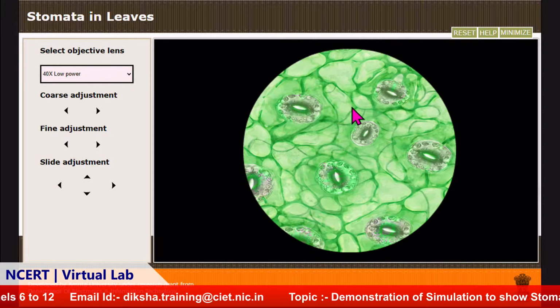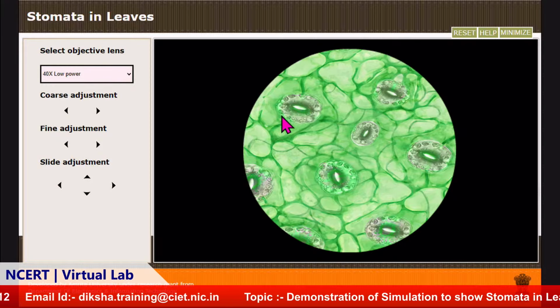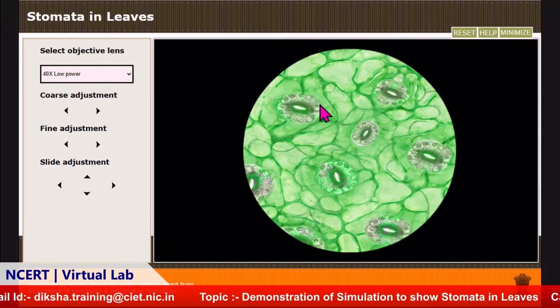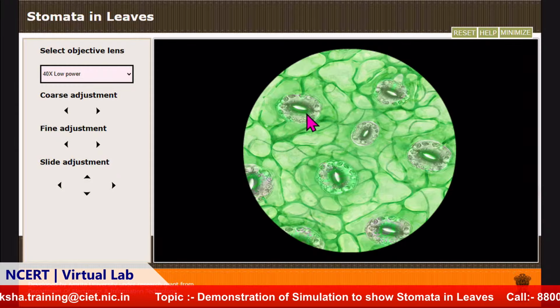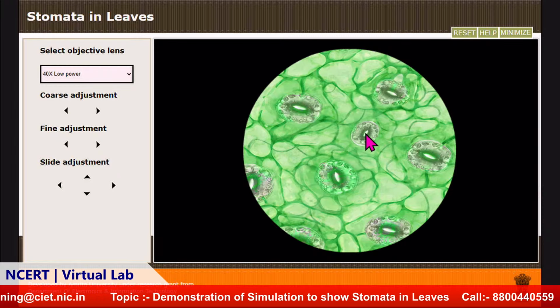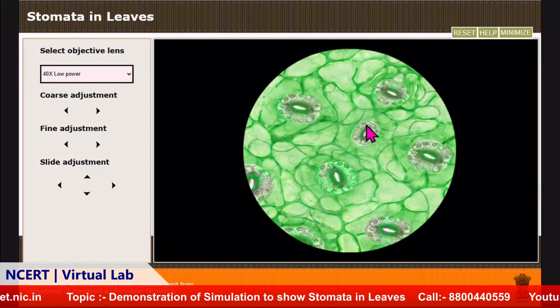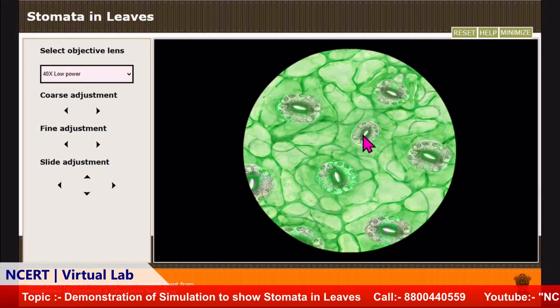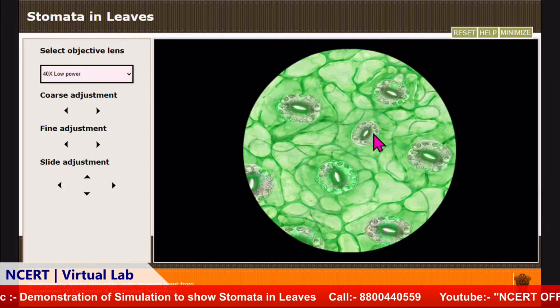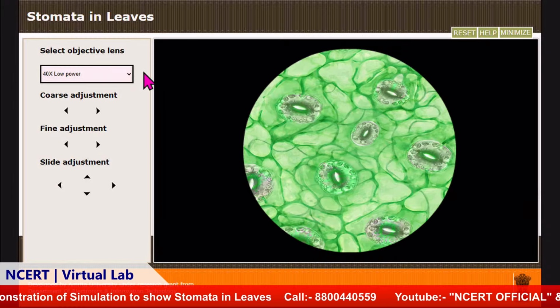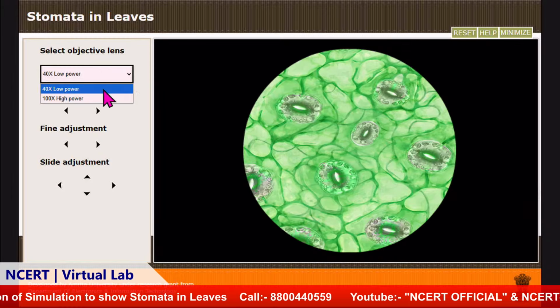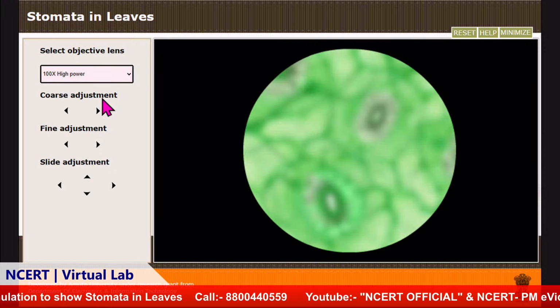So as you can see, there is an epidermal cell and the stomata is intact in this epidermal cell. Okay. This is the stomatal pore, these are the guard cells, and the guard cells contain chloroplast. You can also increase the visibility into the high power.